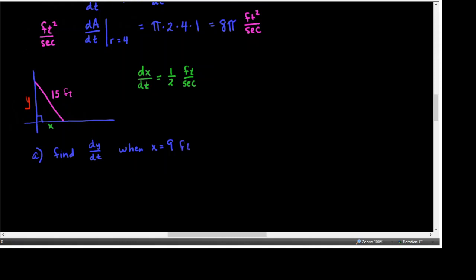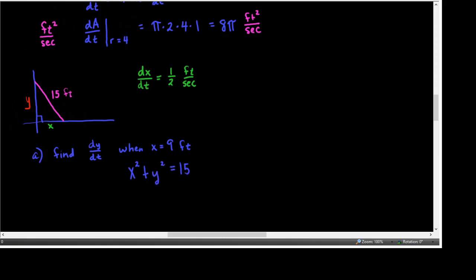Okay, so to get started, we have to come up with an equation that relates x and y, because those are the differentials we have, dx and dy, an equation that relates x and y to each other for this problem. Now, since I drew a picture, it's probably obvious that we have a right triangle and that leg squared plus leg squared is equal to hypotenuse squared.